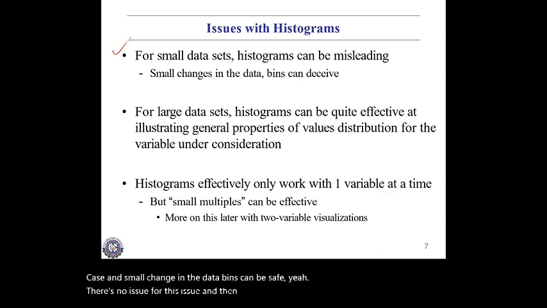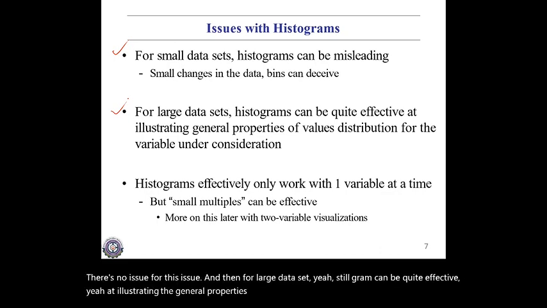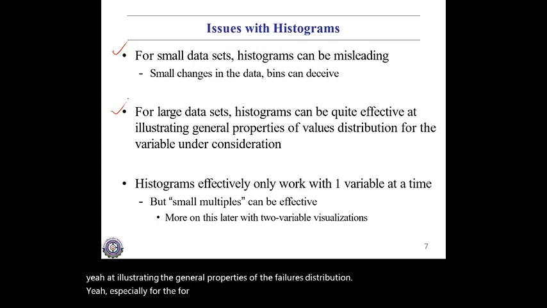And then for large data sets, a histogram can be quite effective at illustrating the general properties of the values' distribution. So we have to consider small data sets and large data sets.